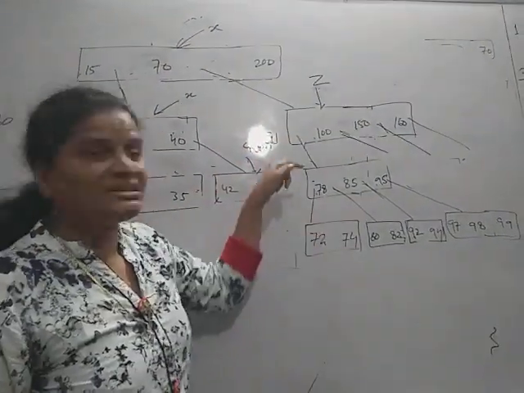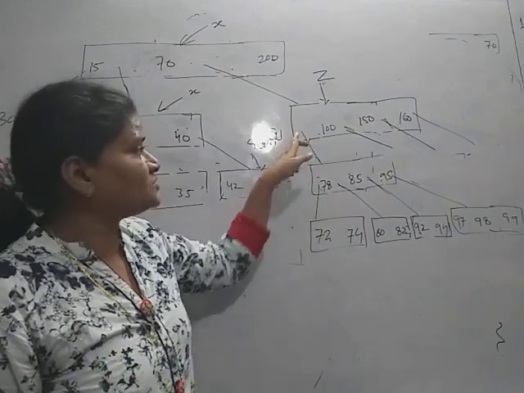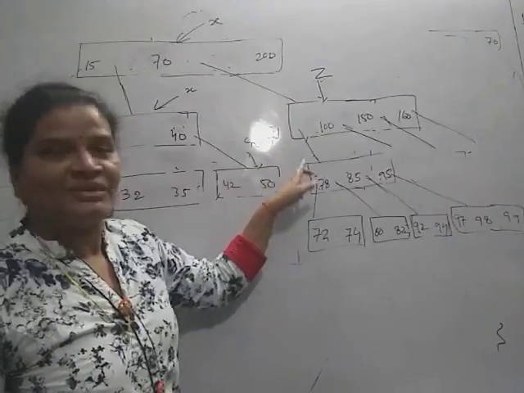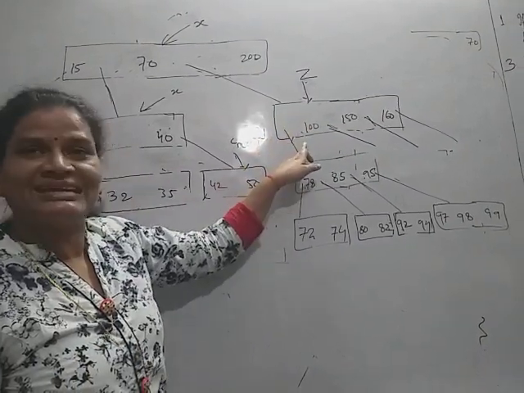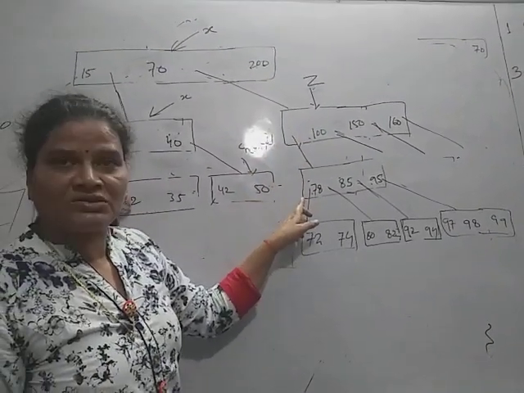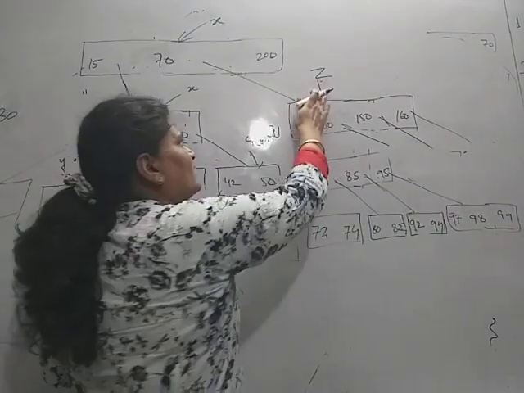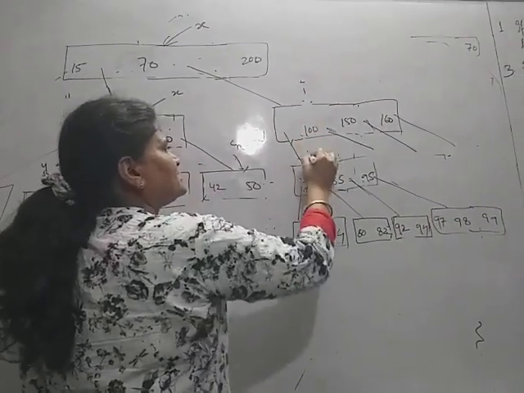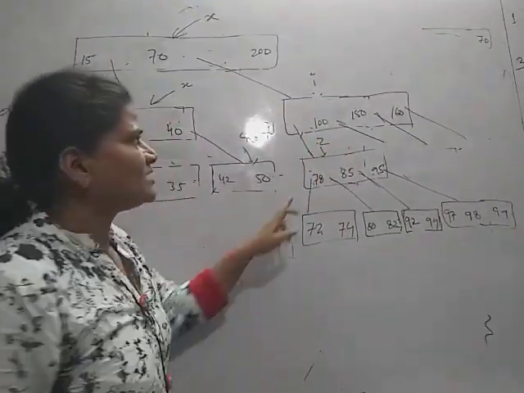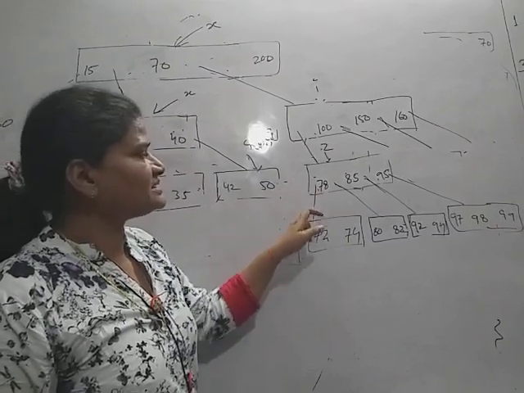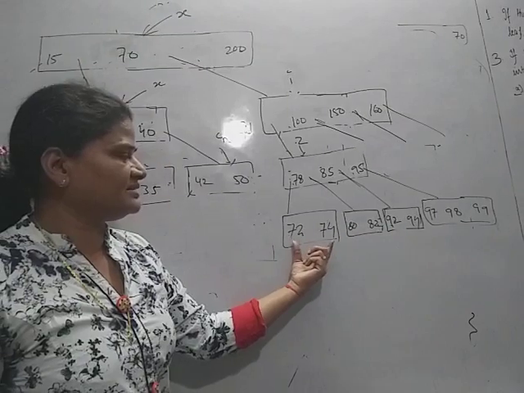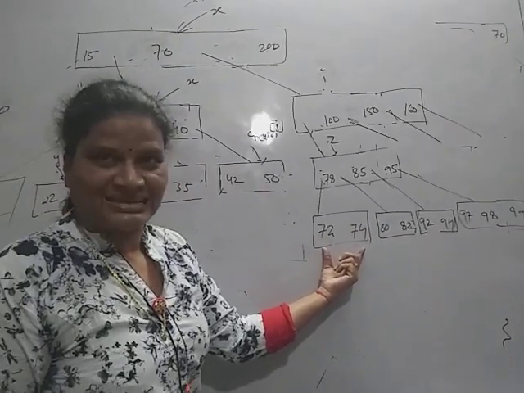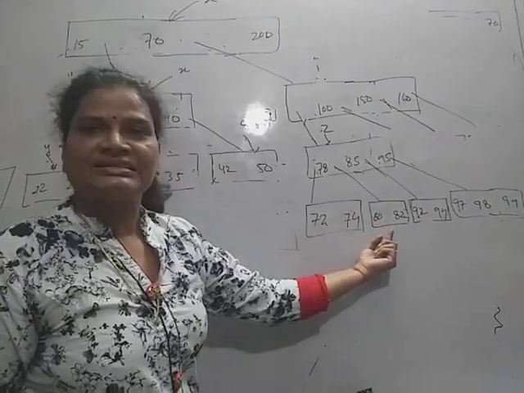Now first we have to go to the leaf. Here the first child contains at least t keys, and this also contains at least t keys. So now we move here, say suppose this is Z. Now this first child does not contain at least t keys, so the immediate sibling is to be checked.